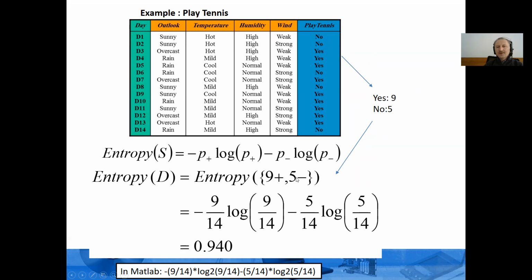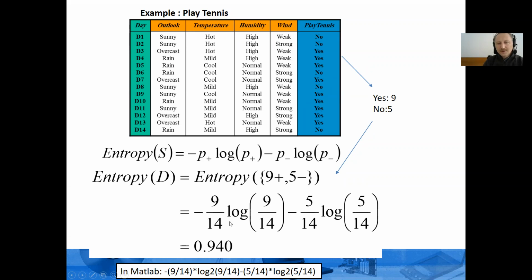This means there are 2 categories. First, the probability of yes is 9 over 14, times logarithm base 2 of 9 over 14. Then the probability of the no class: since there are 5 no, it is 5 divided by 14, times logarithm base 2 of 5 over 14. In MATLAB, if you calculate this, you will find this value.